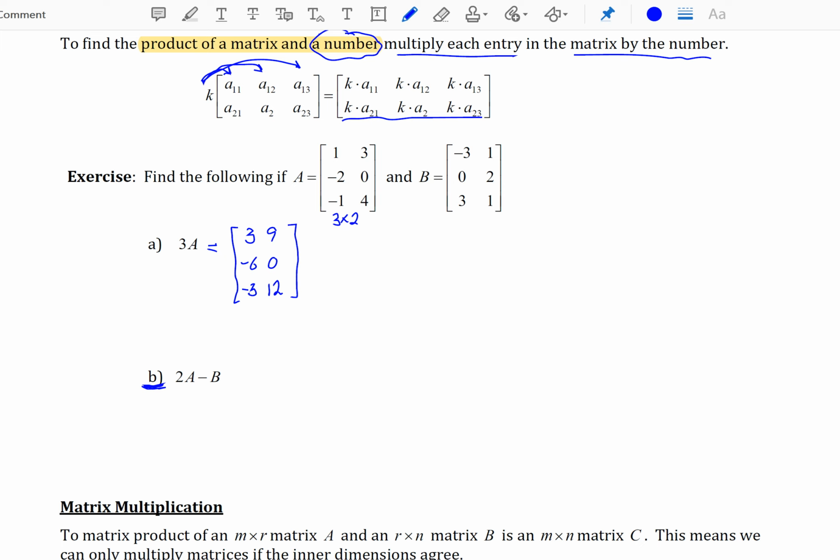To find the matrix 2A minus B, and I want to show my work, so I'm going to do it with an intermediate step. I'm first going to figure out what is the matrix 2A. So I'll scale the matrix A by 2.